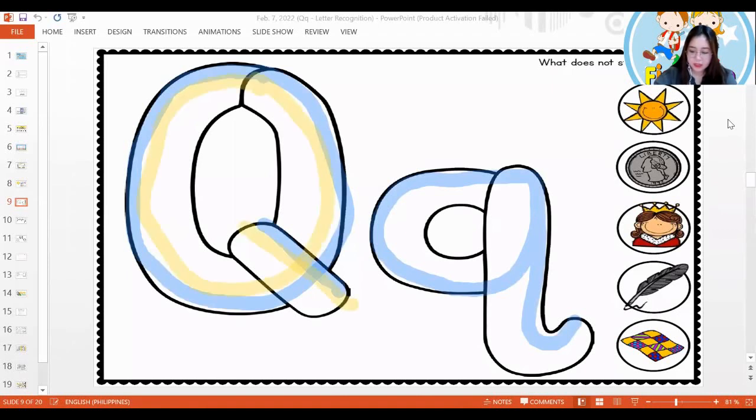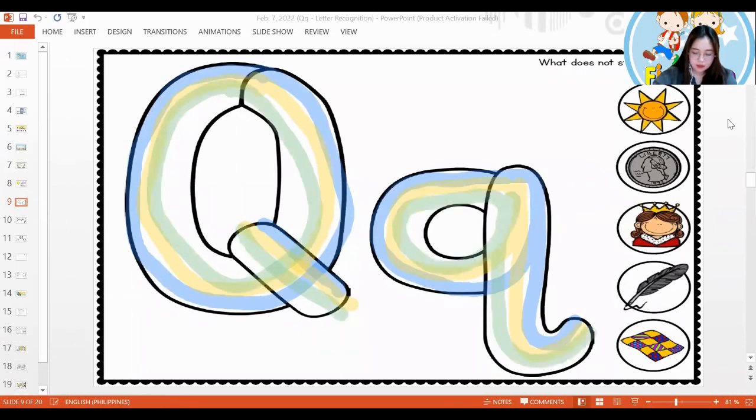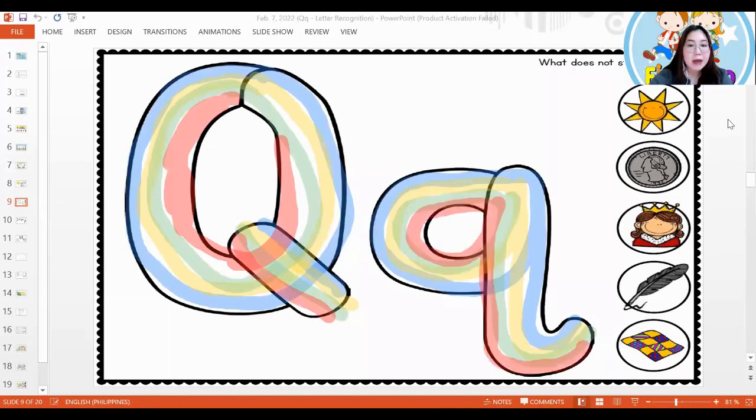I'm going to make it a rainbow again. And I think we can use one more color. Color red. And I have my capital and my lowercase letter Q.